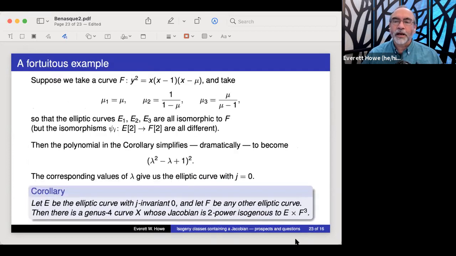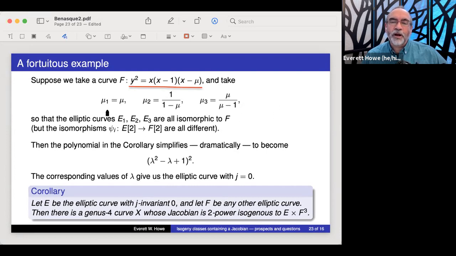And the last thing I will mention, suppose someone gives you an elliptic curve F given by this Legendre form. And suppose we take our mu1, mu2, and mu3 to be 3 of the different transformations of mu that give you the same elliptic curve.